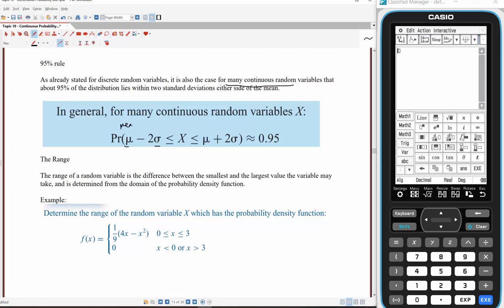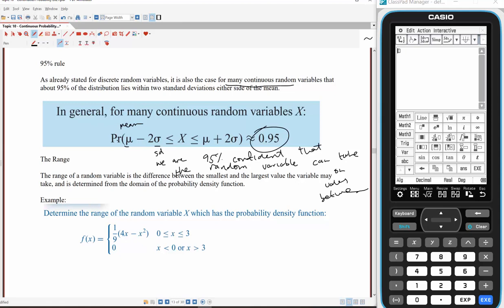This is the mean and this is the standard deviation, and you go 2 standard deviations to the left and 2 standard deviations to the right. Then we can say we are 95% confident that the random variable can take on values between the lower value here and the upper value here.